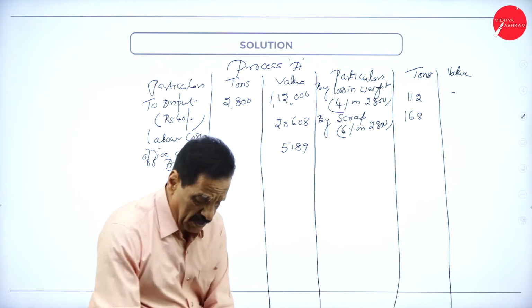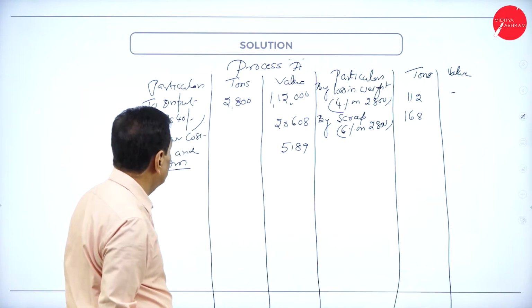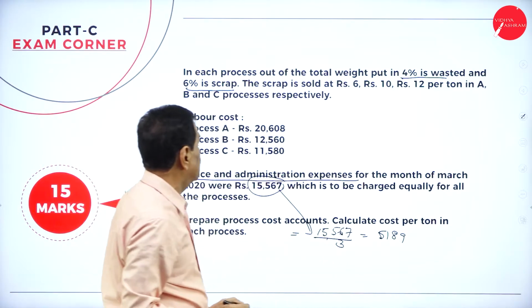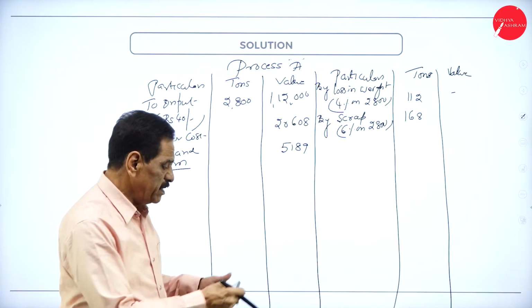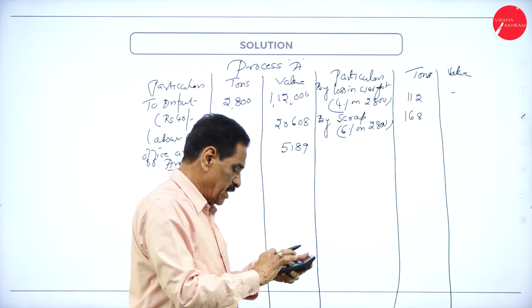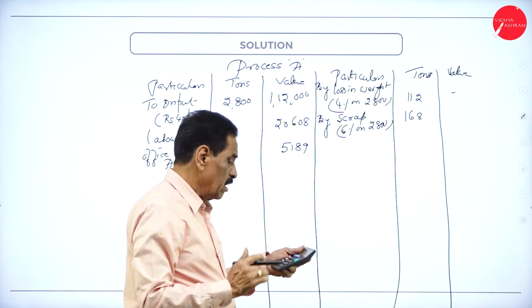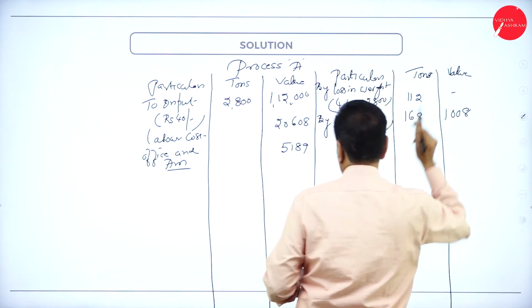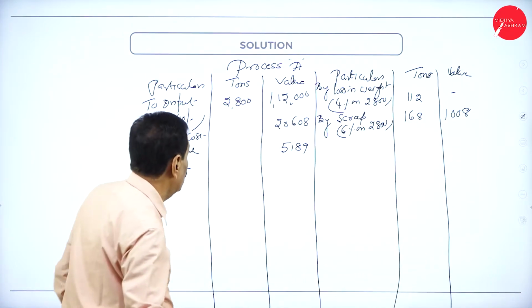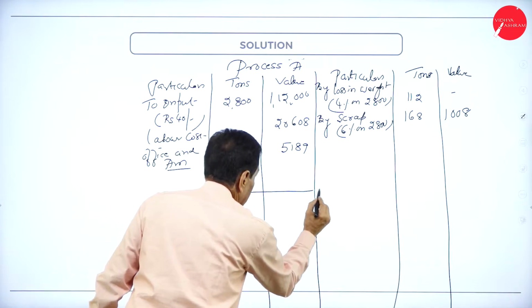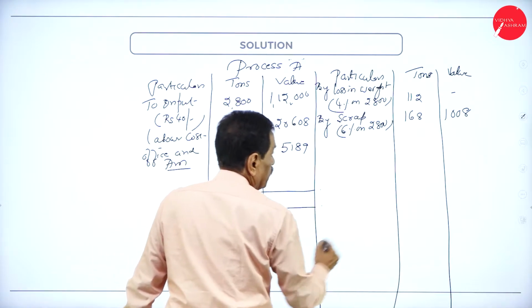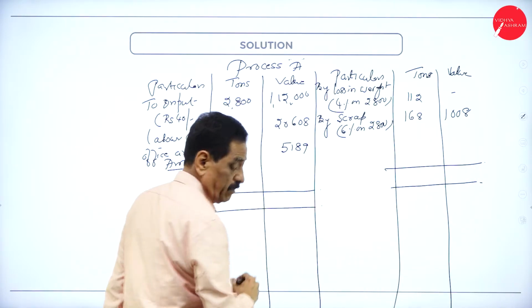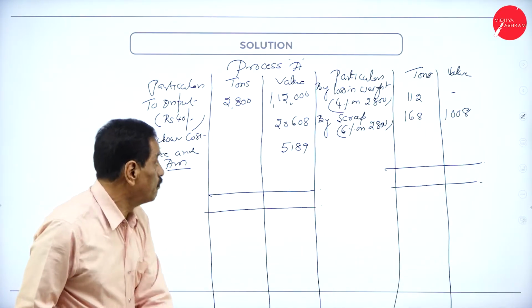So how much is the realization value? At rupees 6, 168 into 6 is 1,008. Close the ledger. We'll go to the working note now.